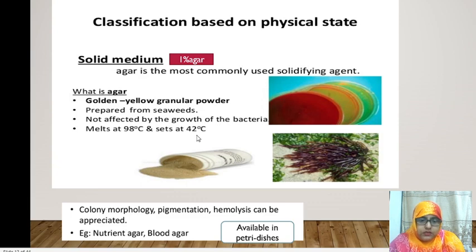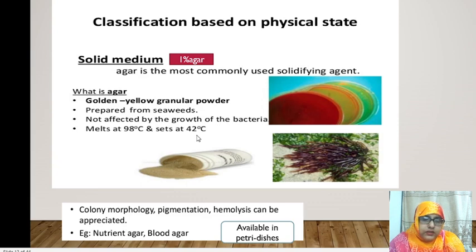As we increase the quantity, the solid nature increases. As we decrease the quantity of agar, the nature changes. Like if 1% is for solid, then if we want to make it semi-solid, half liquid or gel-type nature, then we decrease the quantity of agar.